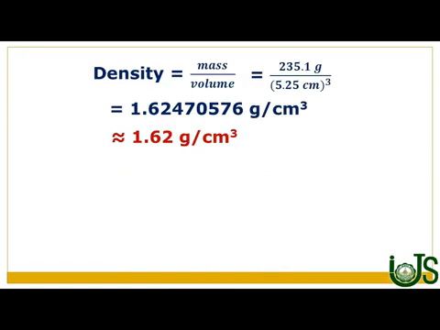Now, to get the measured value of density, you follow the formula of density, mass divided by volume. So your mass is 235.1 grams divided by 5.25 centimeters raised to the power of 3.